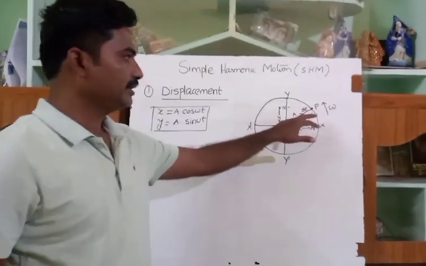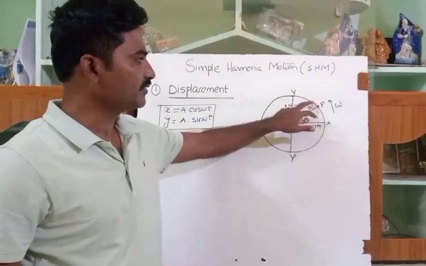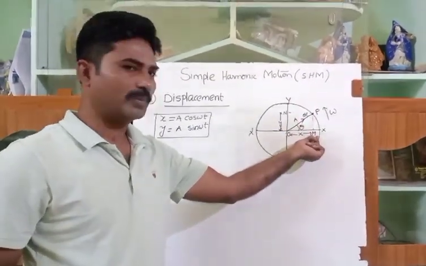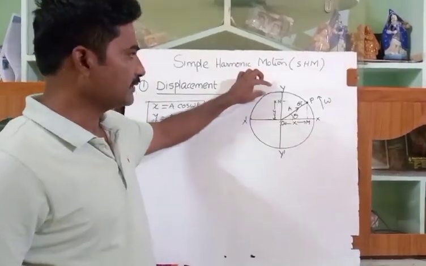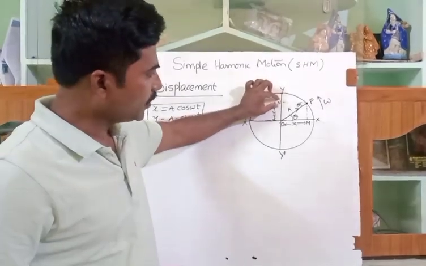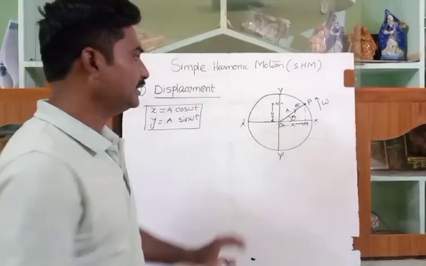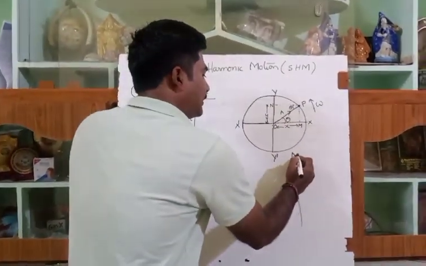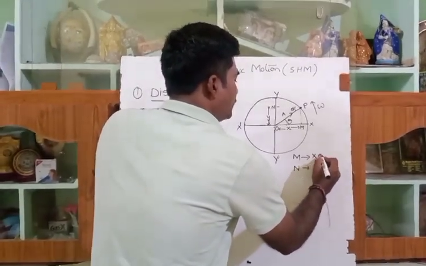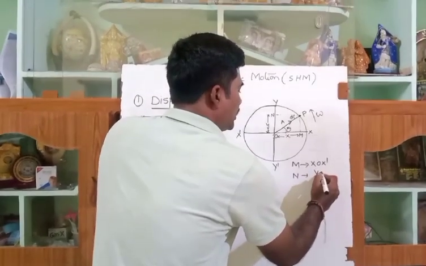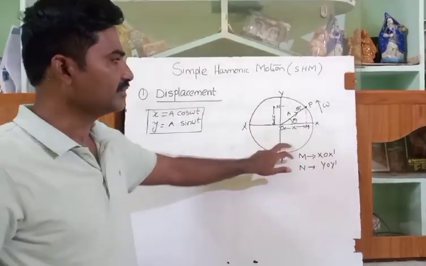Now clearly it is understood, when a particle moves along the circumference of the circle, the foot of the perpendicular will also move along xO x dash as well as y O y dash. That is, the feet of the perpendiculars m and n are moving along the diameters xO x dash and y O y dash respectively, when the particle moves along the circumference of the circle.